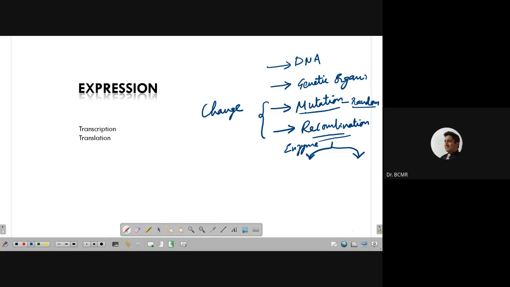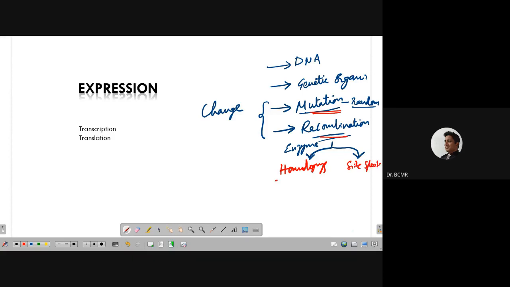So here, the difference between mutation and recombination is, in mutation, absolutely there is no control at all. It happens randomly, because of external factors or spontaneously. Whereas recombination, we learned about two types of recombinations. One is homologous recombination, and the other one is site-specific recombination.